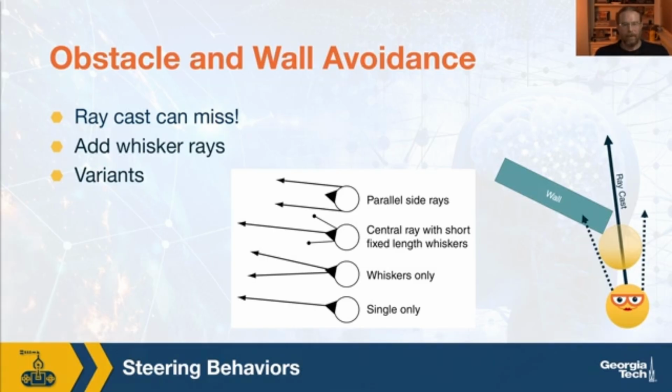A way to deal with that is to cast additional rays in the form of whisker rays, and these are often fanned out at angles, and they're shorter than the main ray that is cast. These shorter rays are able to detect if your agent's starting to get too close to an obstacle, and then the agent will respond accordingly by turning away from the whisker that is triggered.